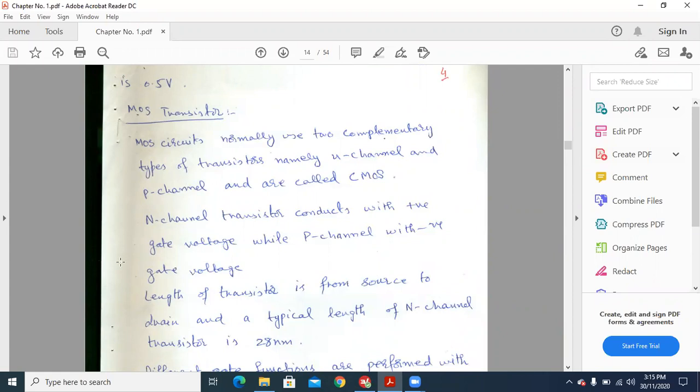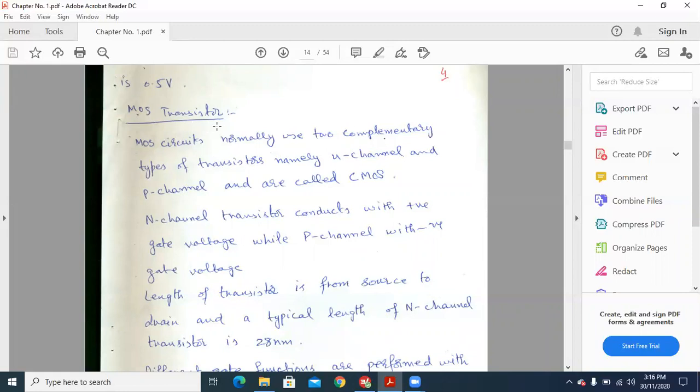Now first we study the MOS transistor, because the last 40 years is in fact the era of CMOS, and we have in fact all the circuit designing in integrated circuits done by this CMOS.